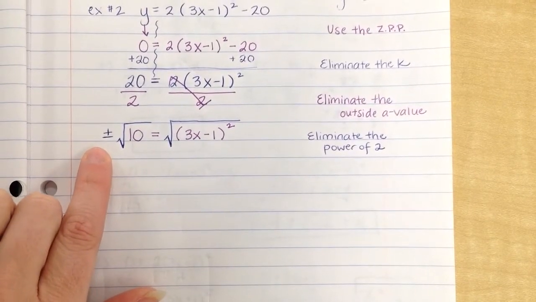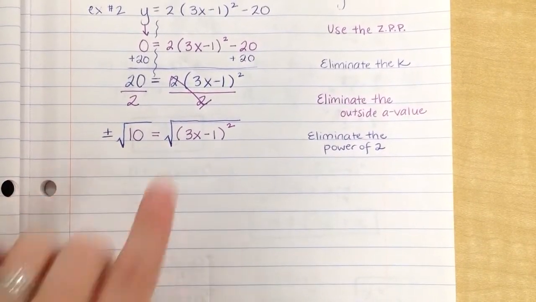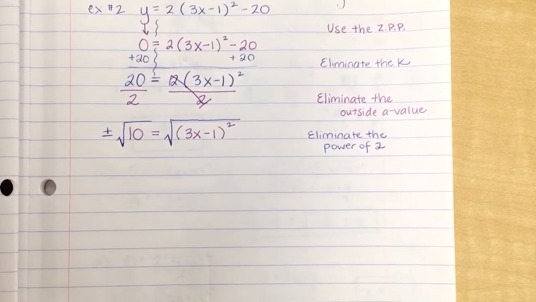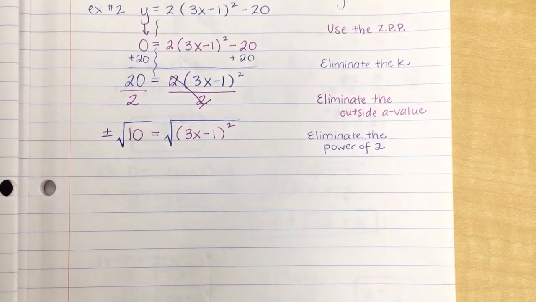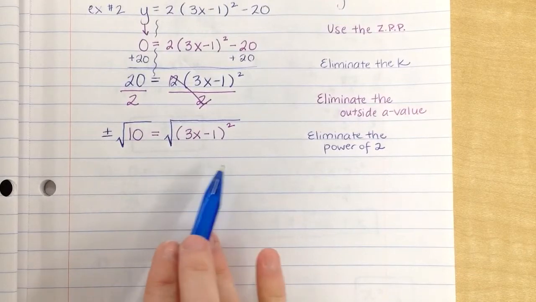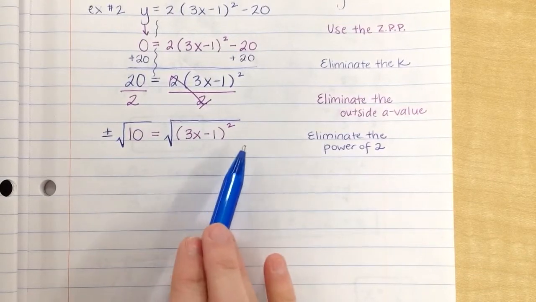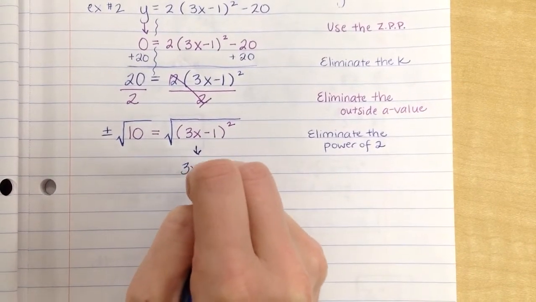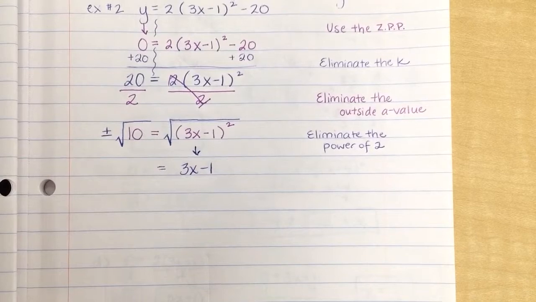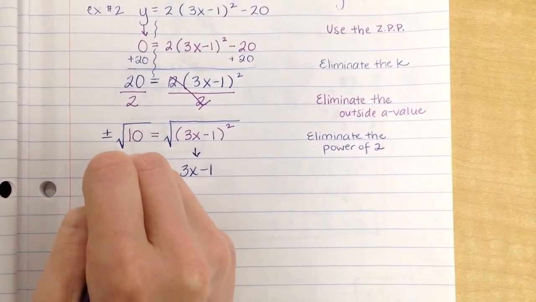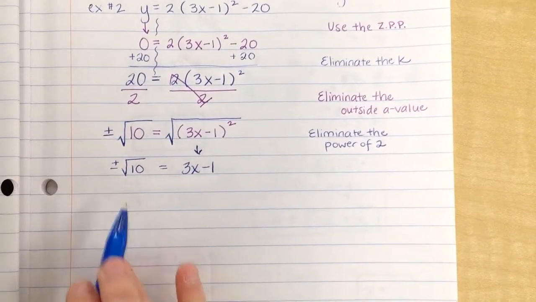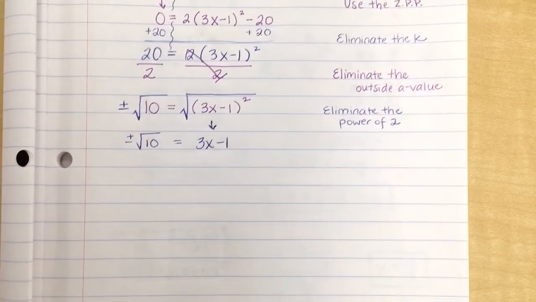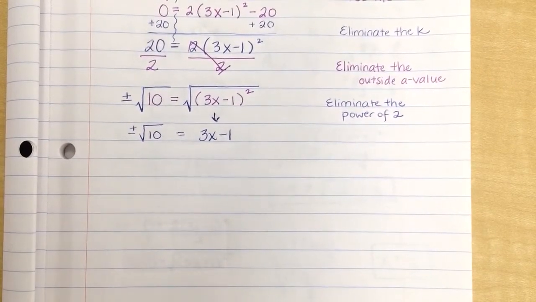So we put a plus or minus square root of 10 equals the square root of 3x minus 1 quantity squared. Now we need to simplify the right side of our equation. The square root of a squared value is just that value, so now we have 3x minus 1 equal to plus or minus the square root of 10. Now we can't simplify the square root of 10, so we're just going to keep it as it is.